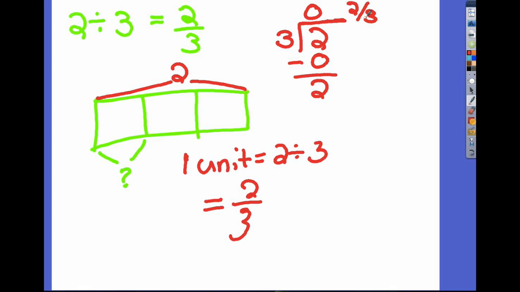Now, how am I going to check my work? Because that is the third step. So each problem is going to be worth 3 points. Okay, 2/3 times 3, or 3 times 2/3, however you want to say it. And how would I solve that then?